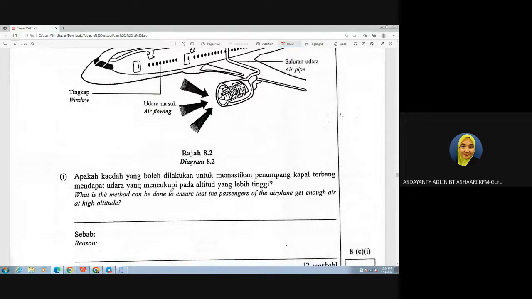So the method is to increase the rate of air absorption through the engine.